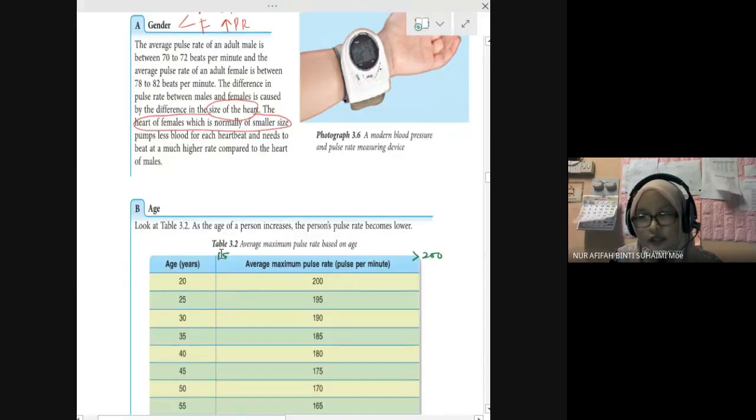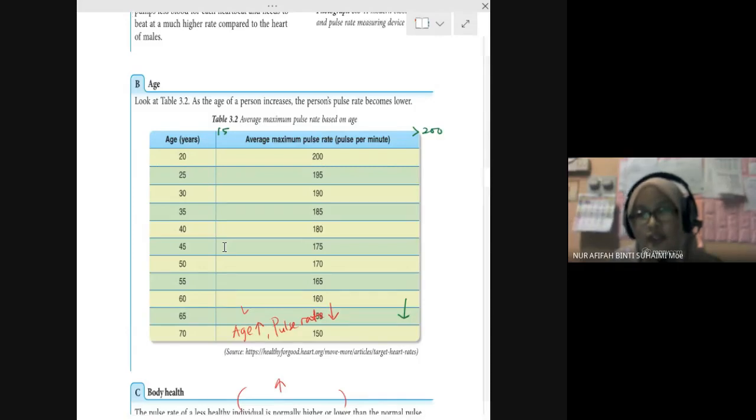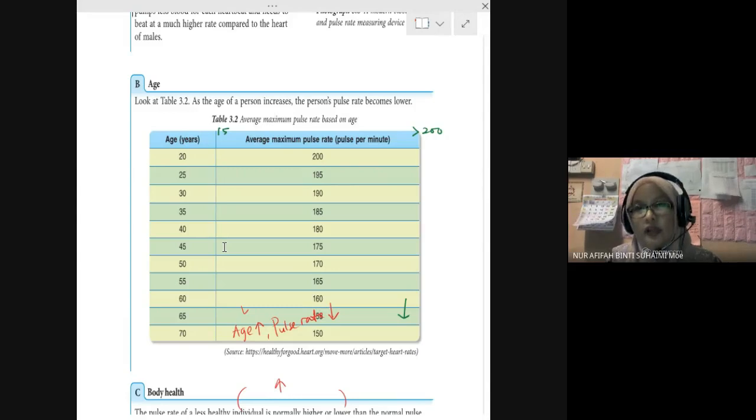For different ages, for a baby, it is normal for children to have a higher pulse rate than normal, because of the size of their heart. A baby has a smaller heart, so it needs to pump blood faster to transport oxygen to the whole body.